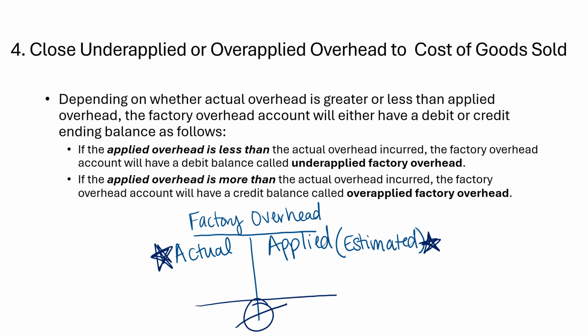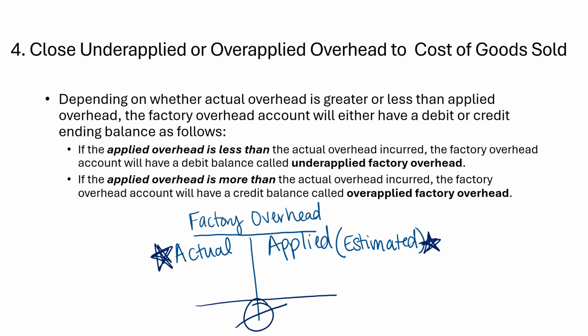So depending on whether actual overhead is greater or less than applied overhead, the factory overhead account will either have a debit or credit ending balance. If the applied overhead is less than the actual overhead, then the factory overhead will have a debit balance, and that will be called under-applied factory overhead.